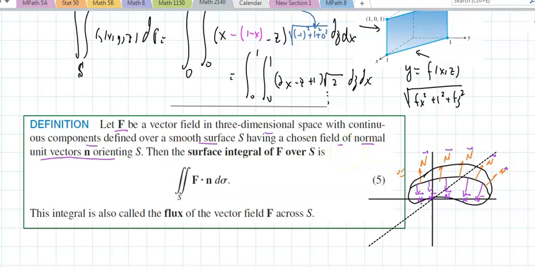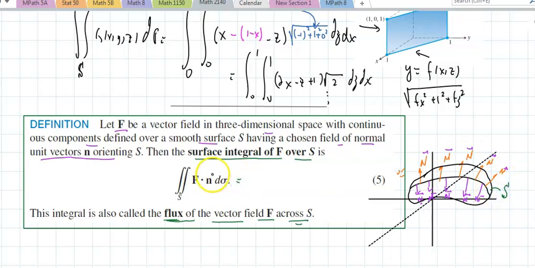Then the surface integral of F over S is given by the following. I'll elaborate on what that means in a minute. This integral is called the flux of the vector field F across the surface S.